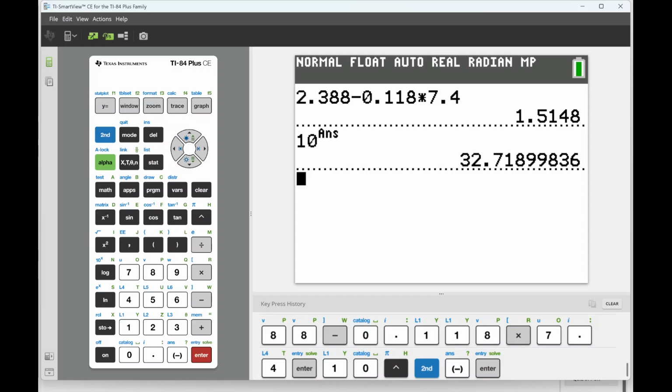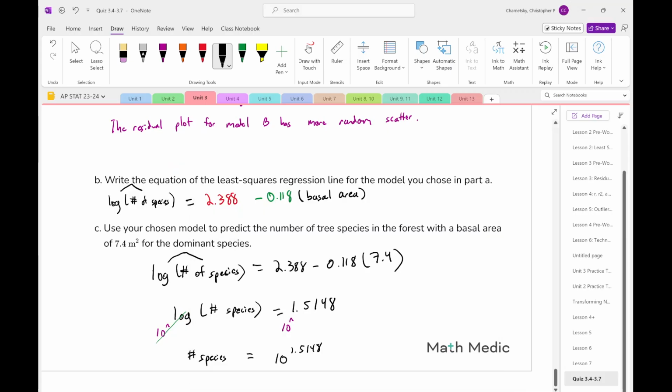And we get about 32.719 approximately species of trees. And that is it.